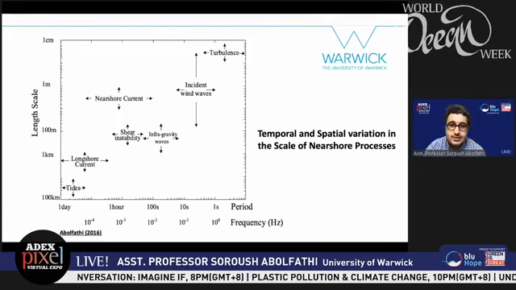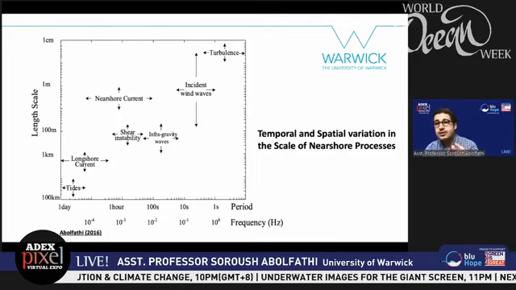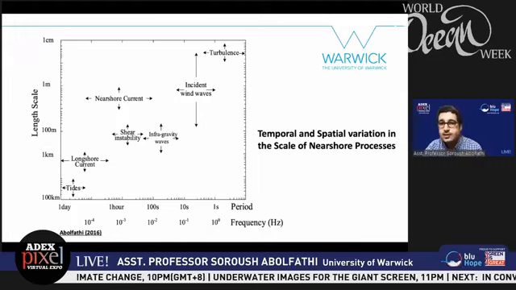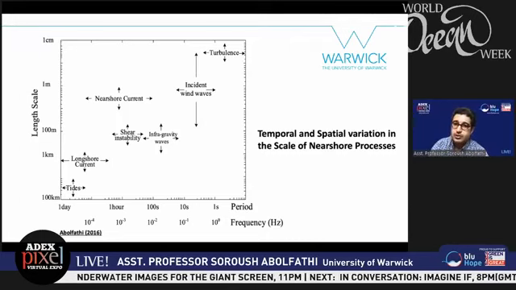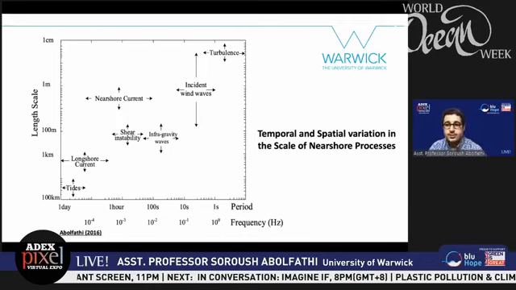As you can see, they are very different. When we're talking about pollution transport, turbulence impacts the pollution transport, but turbulence only has a scale of a few seconds and a few centimeters. At the same time, you have tides that also impact the pollution transport, and you can see that there is a huge difference in terms of both temporal and spatial scale.